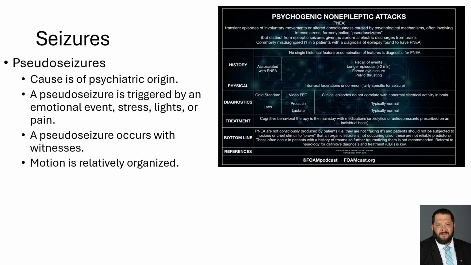They don't always occur, and the notes here on the left-hand side of the slide are from current curriculum and text, and it says that pseudo-seizures occur with a witness. That's not always true. And the motion is relatively organized, and that also isn't always true. The old term pseudo-seizures was used to describe someone who was faking intentionally a seizure, and that's just not the case.